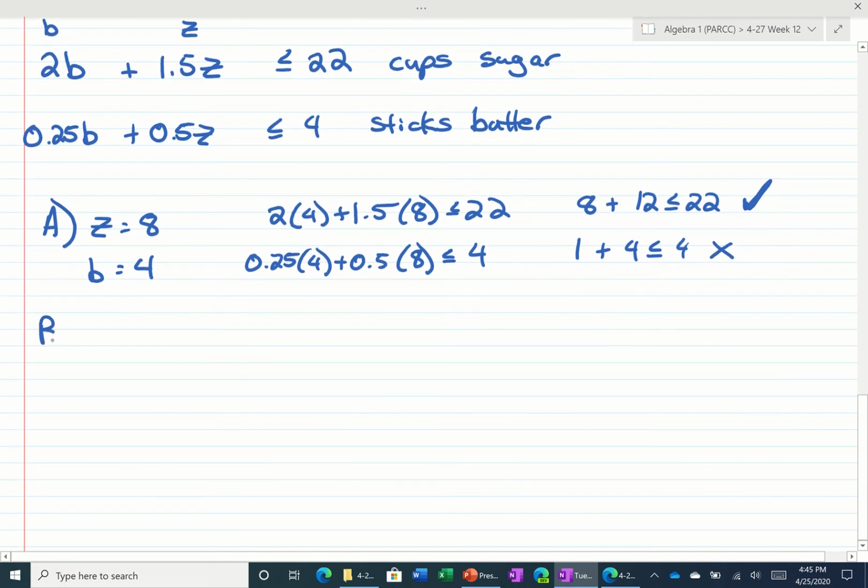Let's try option B. For option B, it's saying 6 of zucchini, and banana bread, it's saying 8. All right, so let's try this over here.